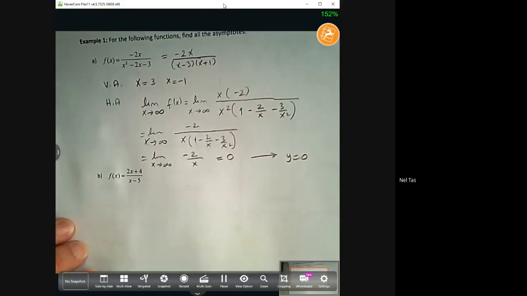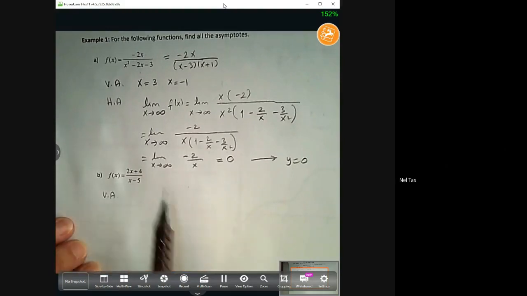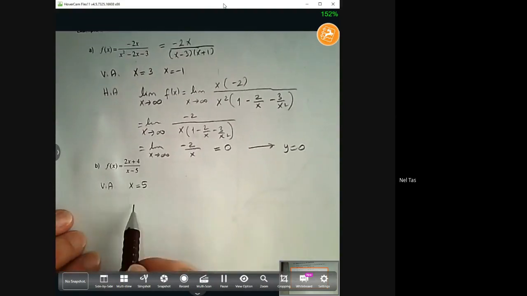So let's look at the second example. Again, finding the vertical asymptote is easy. There's no need to even factor it. So x equals 5. Now, to get the horizontal asymptote, we are going to look at the limit as x approaches infinity.